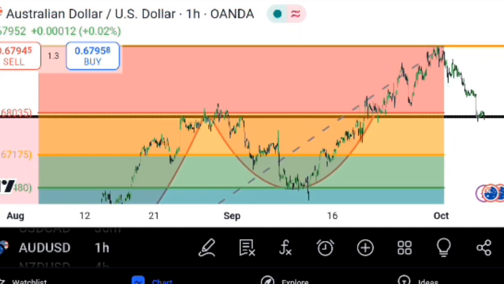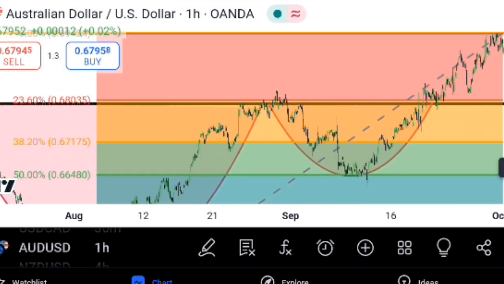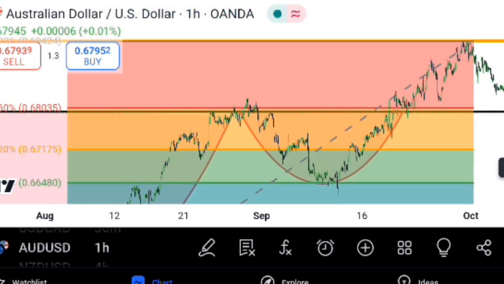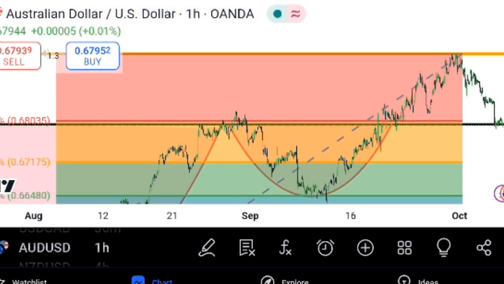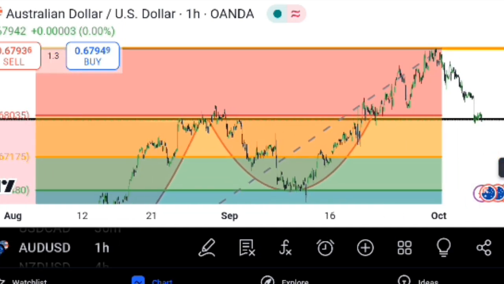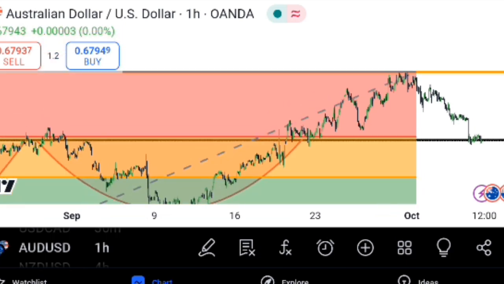But in this case, our price has retraced up to 23.6%. The 50%, it already retraced to that point earlier on, so it continued up, and then it is again back at 23.6%. So it's also a good entry. We can use it as a good entry.